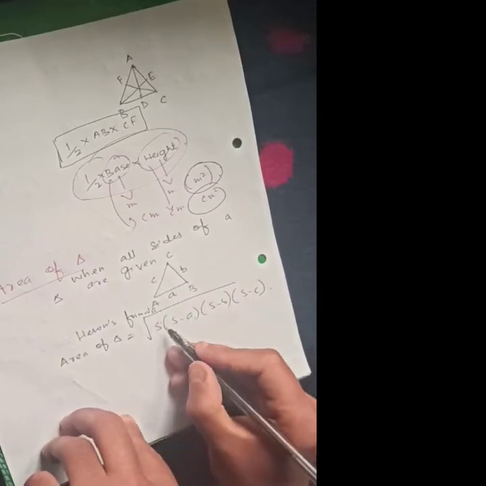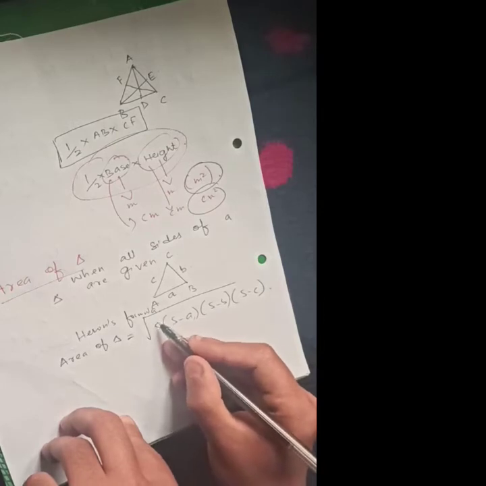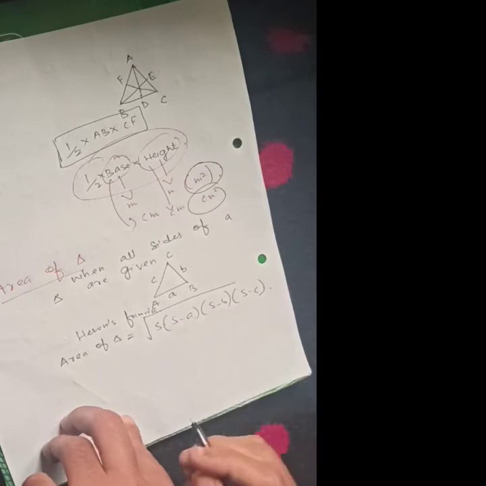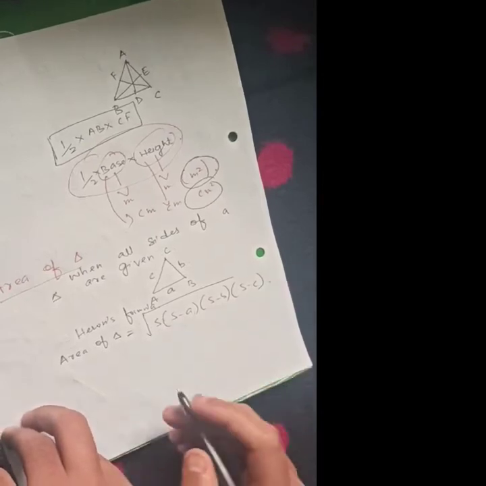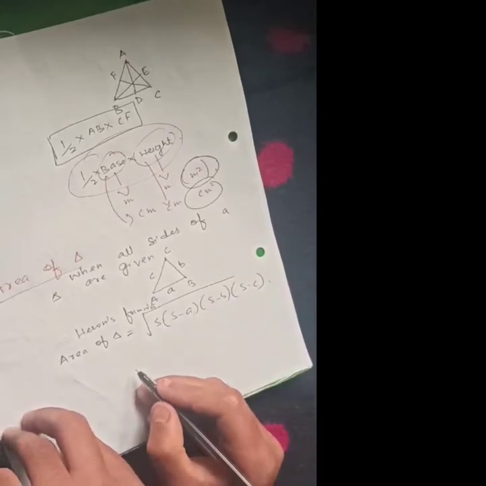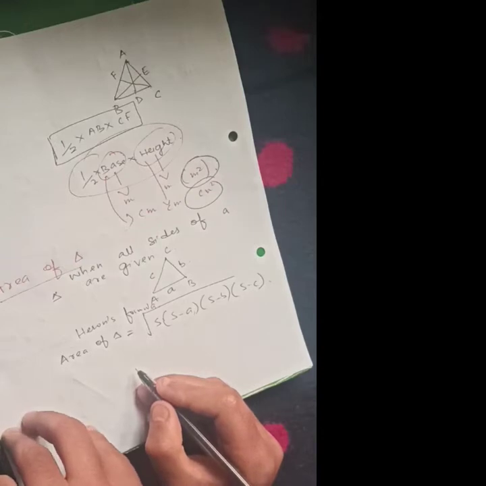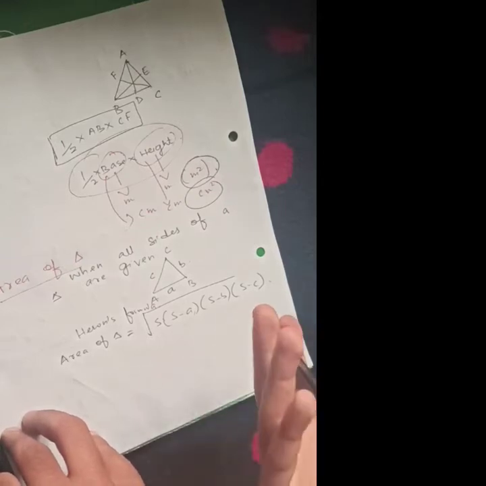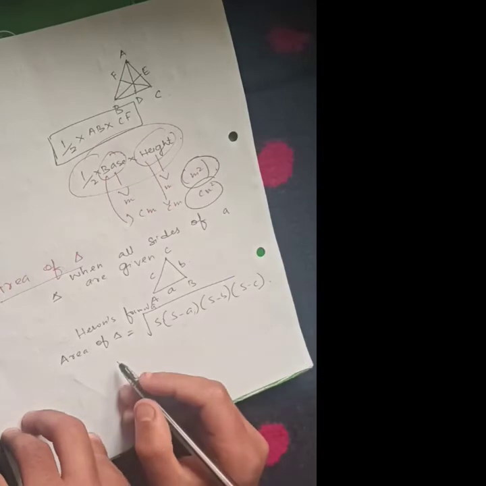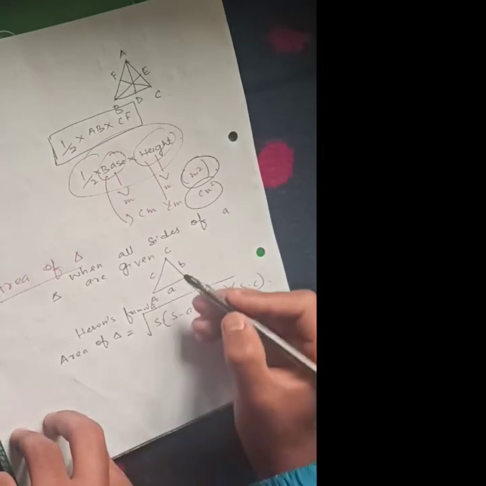So what is s here? Let us know the meaning of s in Heron's formula. You know that the perimeter of a triangle, which I have already taught you, is simply the sum of the sides of a triangle. Now firstly find the perimeter of this triangle.